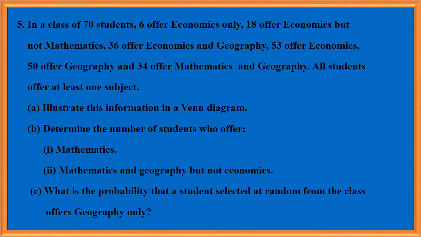C, what is the probability that a student selected at random from the class offers geography only? For the answer to this particular problem, again, let's extract the information from the given question.